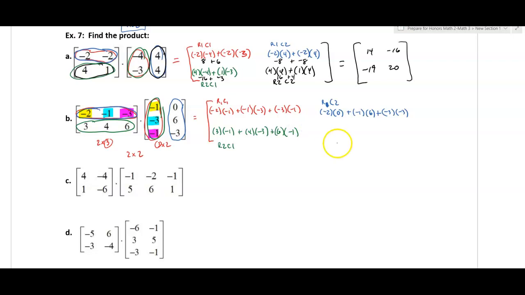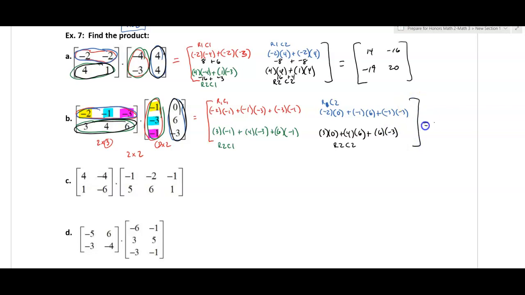And finally, we're going to move on to row 2, column 2. So 3 times 0 plus 4 times 6 plus 6 times negative 3.